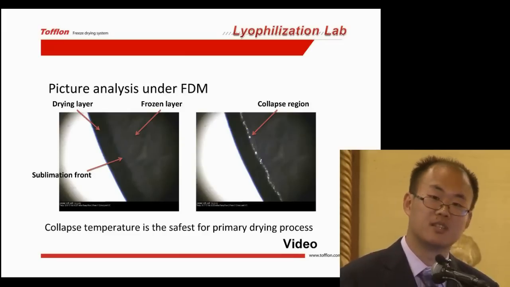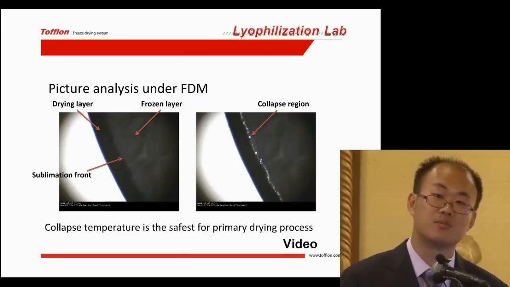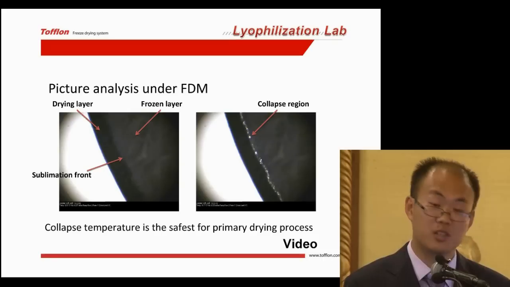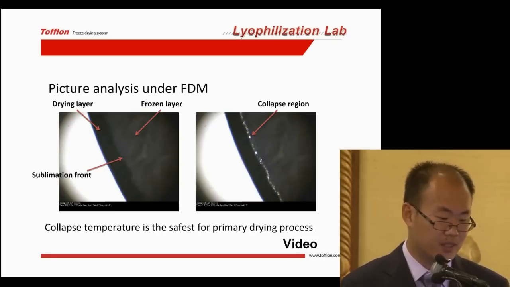This FDM, we can just consider it as a smaller freeze dryer. Water was removed, and this process happens at the border of the product.